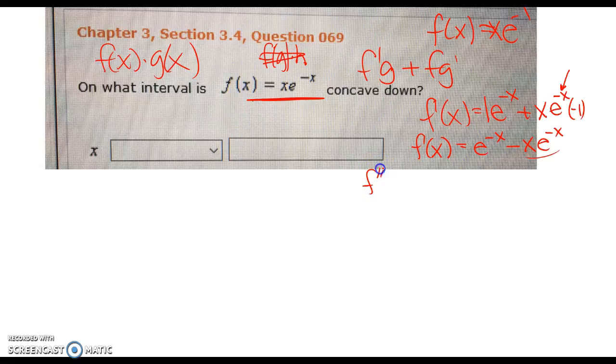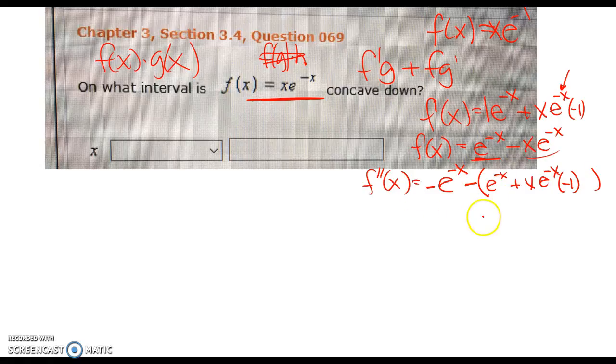Now the second derivative, f double prime of x. First thing, I'm going to take the derivative of e^(-x), which is e^(-x) times negative 1, so I'm just going to put a negative there, minus the product rule: the derivative of x is 1 times this, plus x times the derivative of this, times the derivative of that exponent.